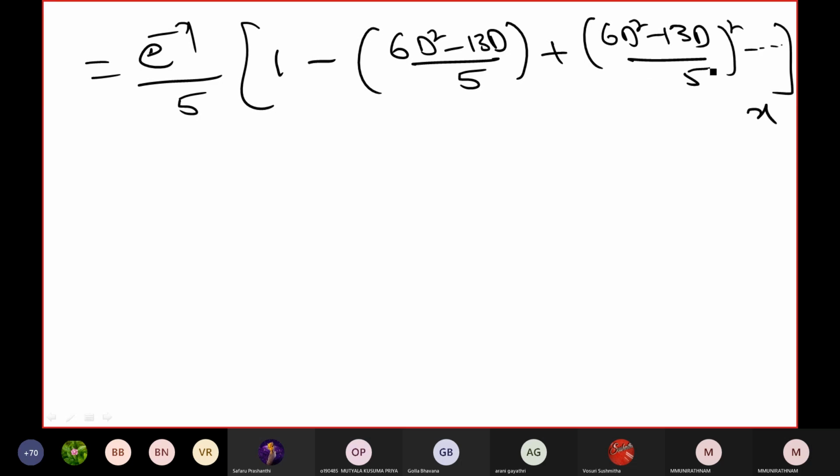Of course, x we have, no need of this. If f is x, Df is 1, D square f is 0.